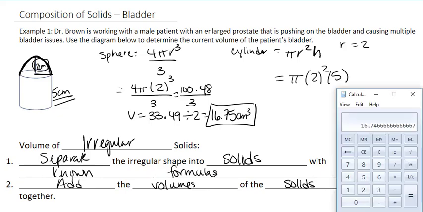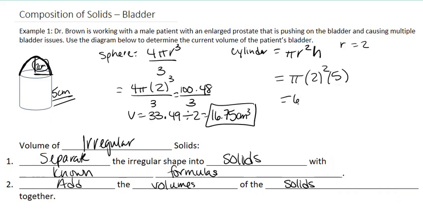So we have 2 times 2, which is 4, times 5 times 3.14. And this gives us the volume of the cylinder, which is 62.8 centimeters to the third power.